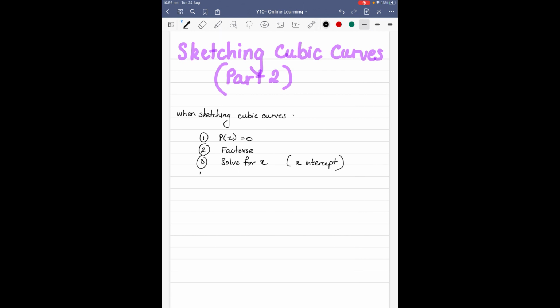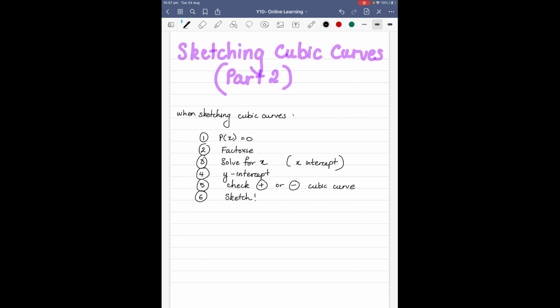Obviously, when you find your x-intercept, you also need to find your y-intercept, which is your fourth feature. Fifth, you always have to check to see if it's a positive or negative cubic curve. And then once you have all that information, you can start sketching.